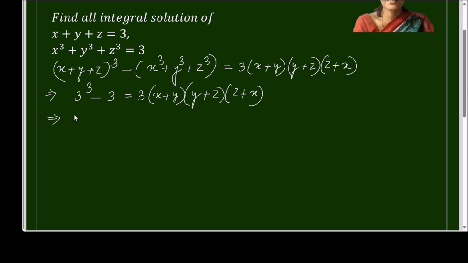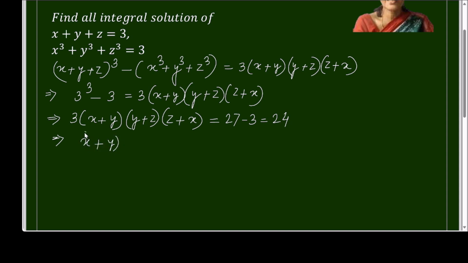Exchanging the sides, I can write 3 times (x plus y)(y plus z)(z plus x) equals 27 minus 3, that will be 24. So we are getting (x plus y)(y plus z)(z plus x) equals 24 divided by 3, that will be 8.